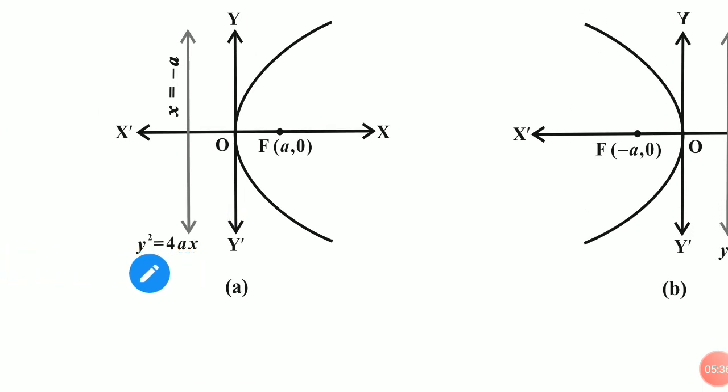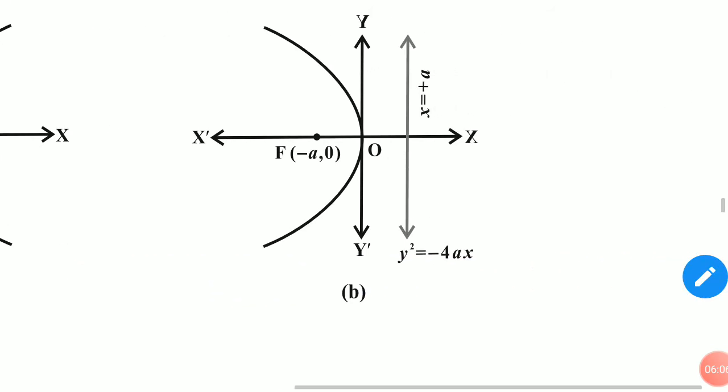Here this is the equation of parabola: y square is equal to 4ax. So when the parabola is drawn through the positive x-axis, the equation is y square is equal to 4ax. Now a is the coordinate of the focus a, 0. So in the equation it is a, you will find here 4ax.